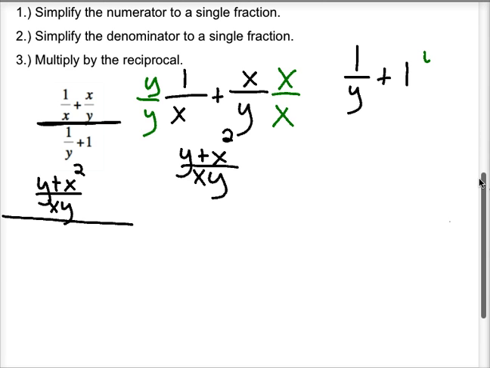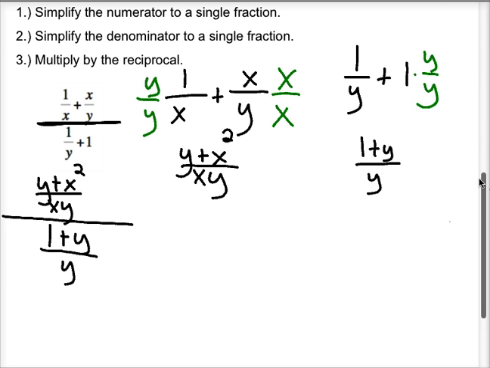And that 1 just needs a y over y. So our common denominator is just y. And on top, we're getting 1 plus y. So we have 1 plus y over y.